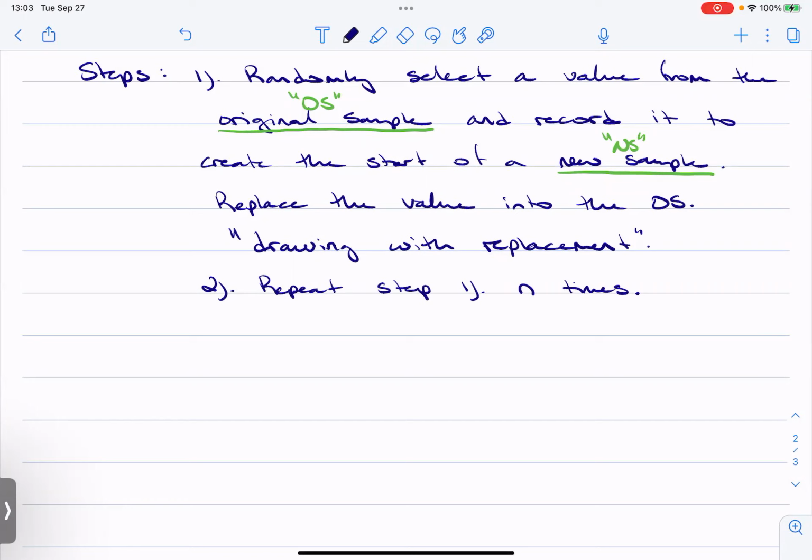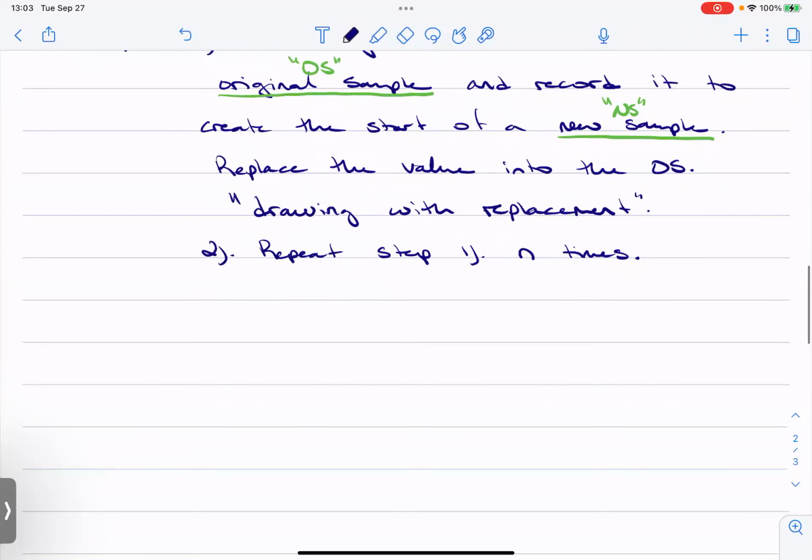This means that you have created a sample of size n.